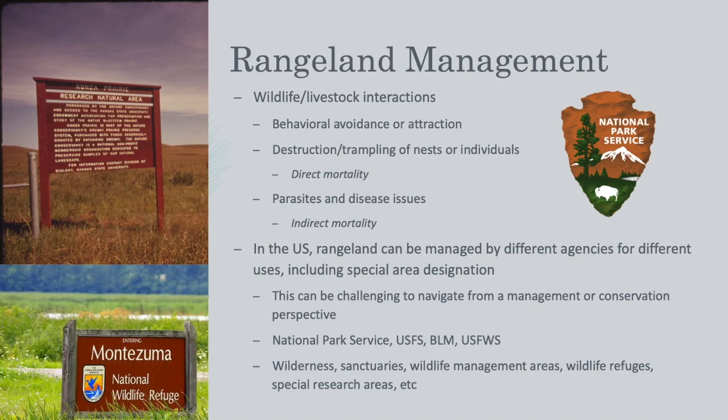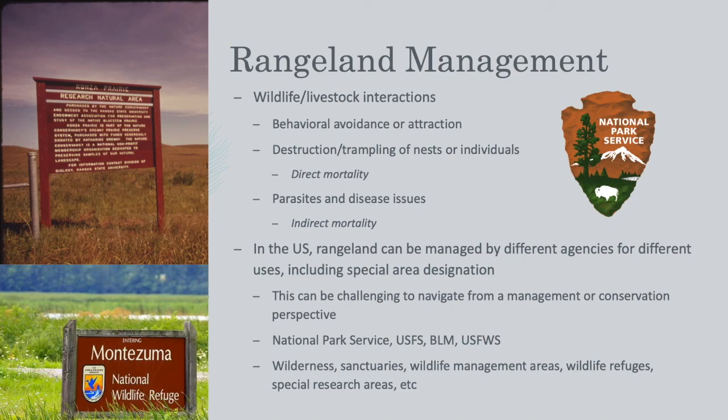So in the US, the rangeland can be managed by different agencies for different uses, and that includes some areas that have sort of special area designation. This can be challenging to navigate from a management or conservation perspective, because you might have properties that abut each other that really are the same kind of habitat, but because they're managed by different agencies or for different uses, perhaps the management is not consistent.